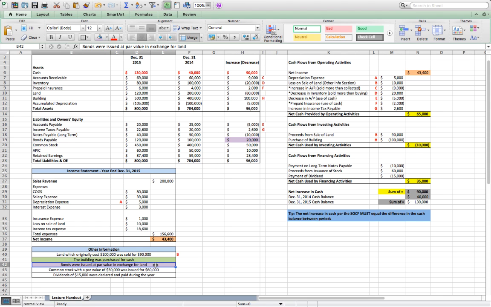In this example, we issued the bonds. Therefore, the bonds would be reflected in financing activities, not investing. But since we exchanged them for land, there was no cash changing hands. Therefore, it is not reflected in any of these sections of the cash flow statement.